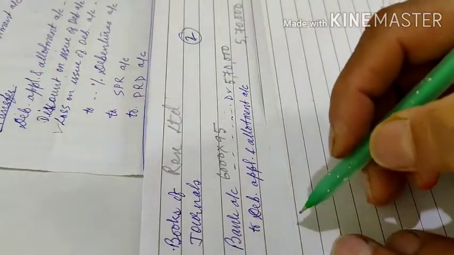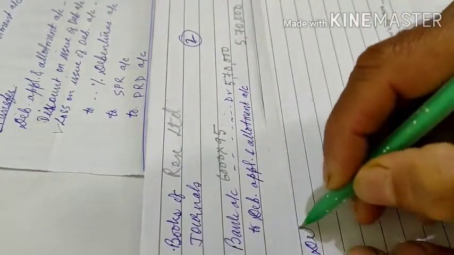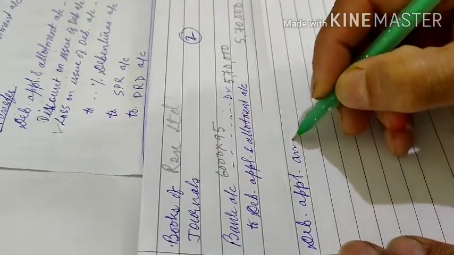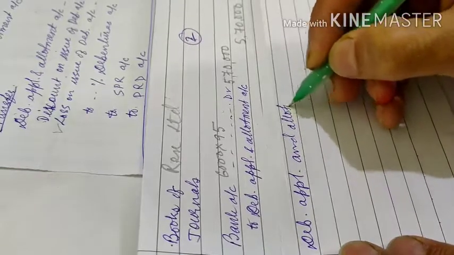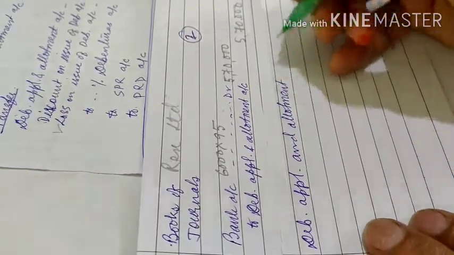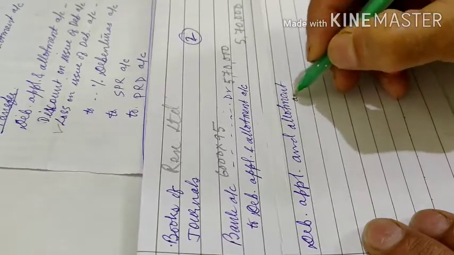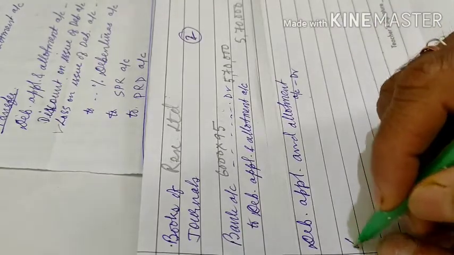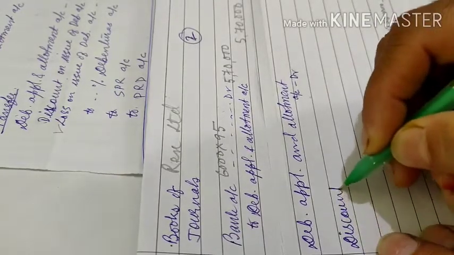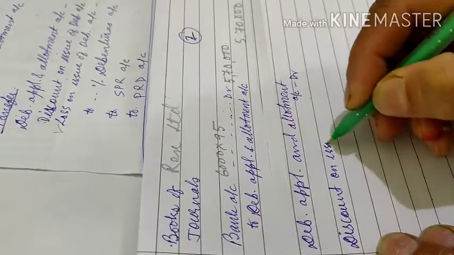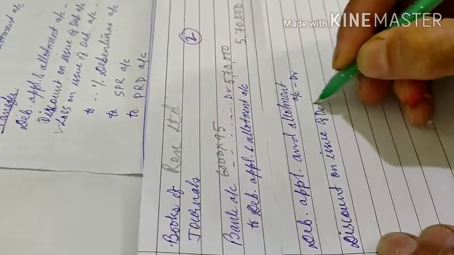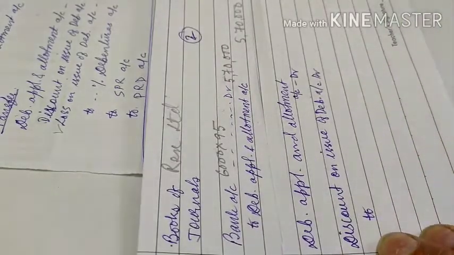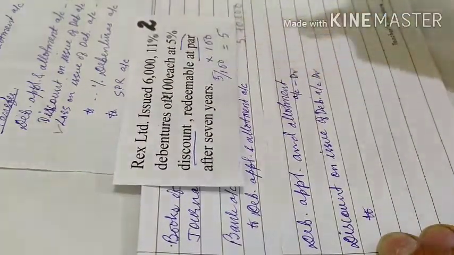For the transfer, now we have debenture application and allotment account debit, right? Then you have discount on issue of debentures account debit to what percentage debenture now? 11%.